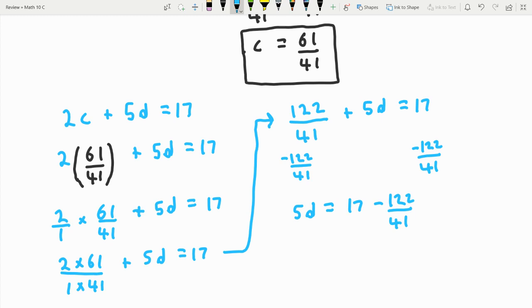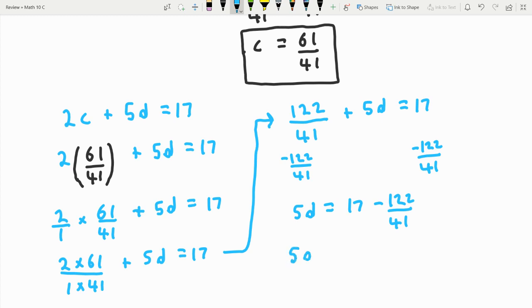Now, here's an even trickier part. Remember the rules for adding or subtracting fractions. In order to do so, I must have a common denominator. So I'm going to make 17 common to 122. I would multiply 17 by 41, top and bottom. So 17 over 1 times 41.